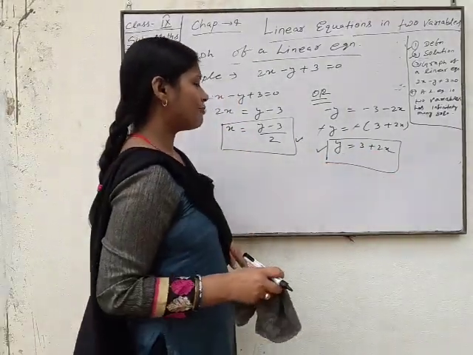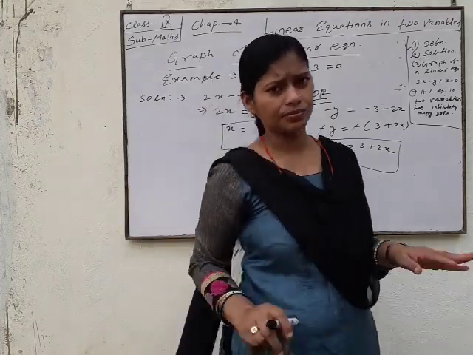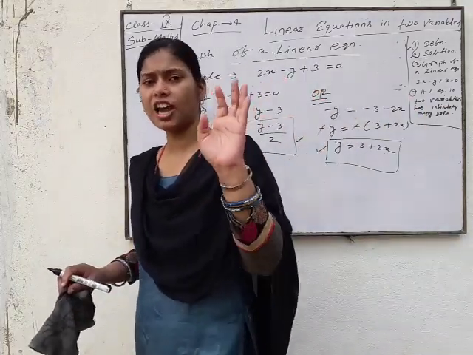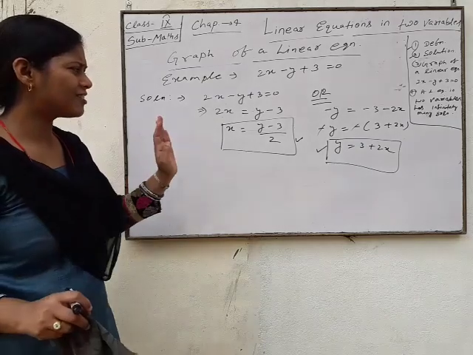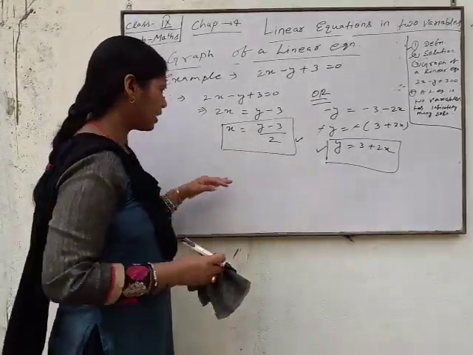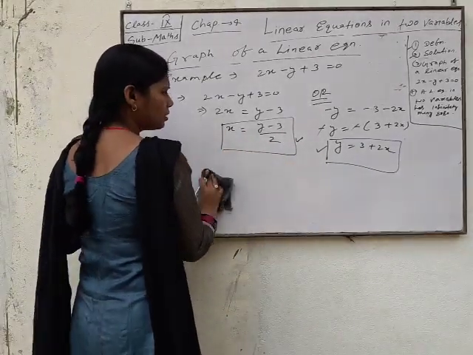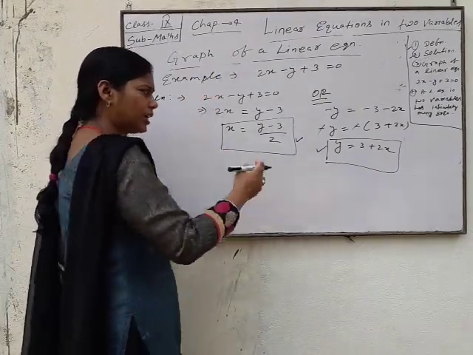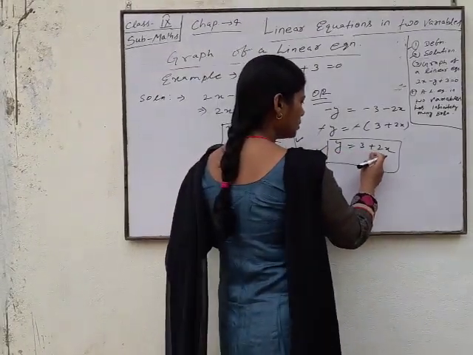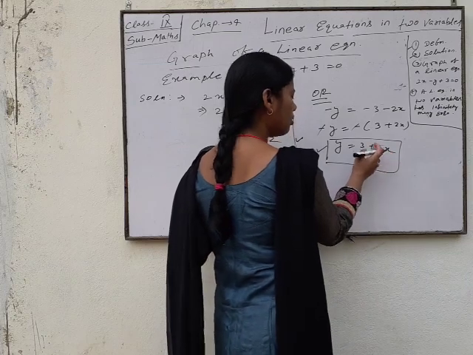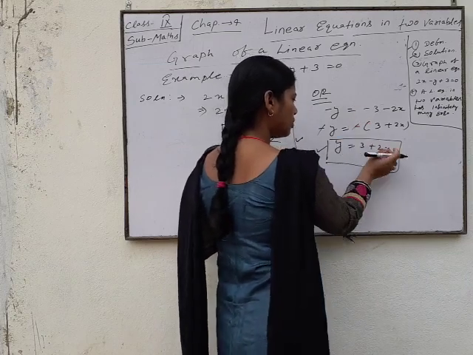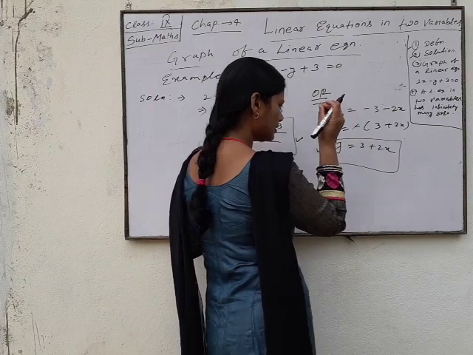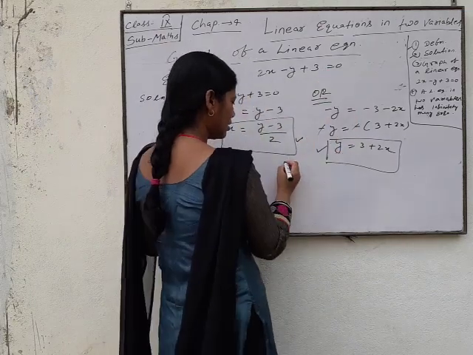So now find at least 3, 4 pairs of coordinates. It means find the values of x and y. Now here y is equal to 3 plus 2x. Now put some convenient values of x, then we will get y.